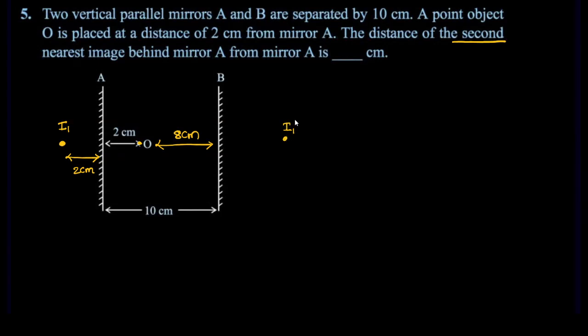Now this is the image formed by the B mirror. Let us call this I1 dash, and this distance is 8 centimeters.